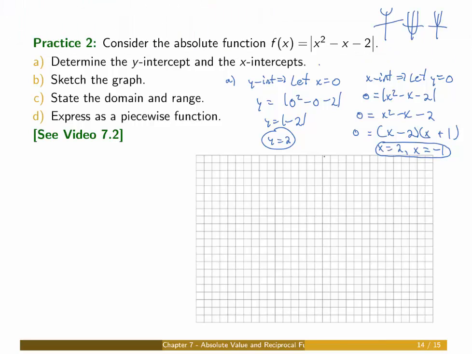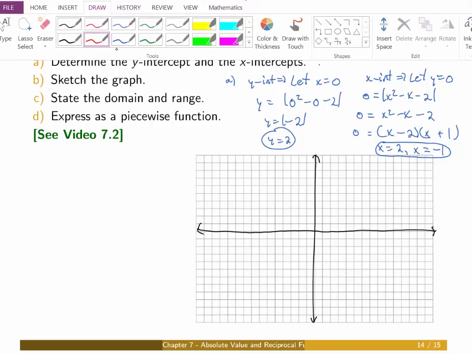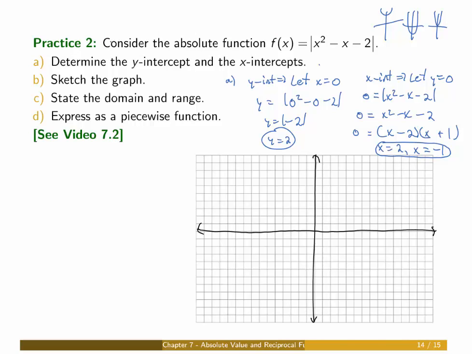I will now draw very quickly on my graph paper. We'll switch to red.